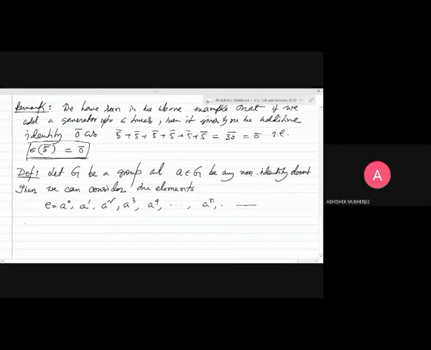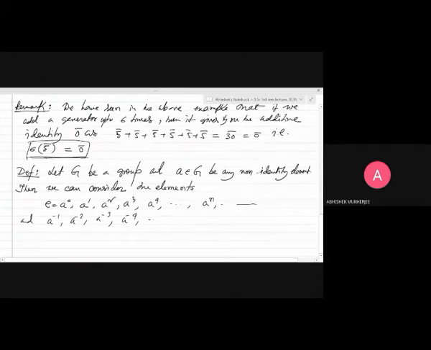And a to the power minus 1, a to the power minus 2, a to the power minus 3. So you can consider these elements.